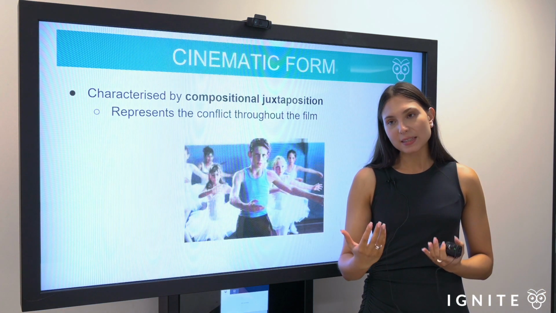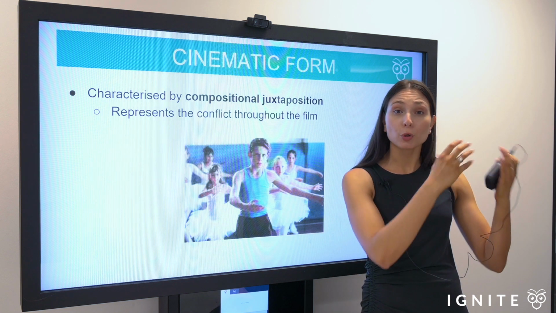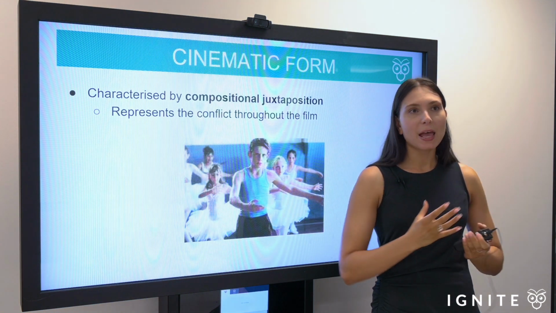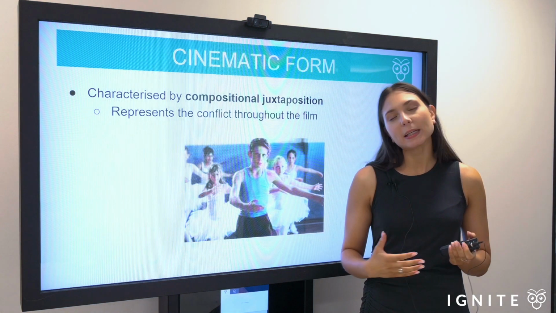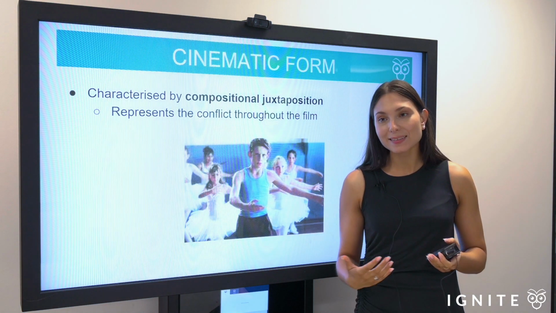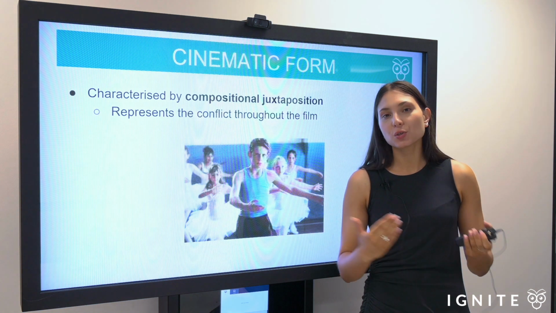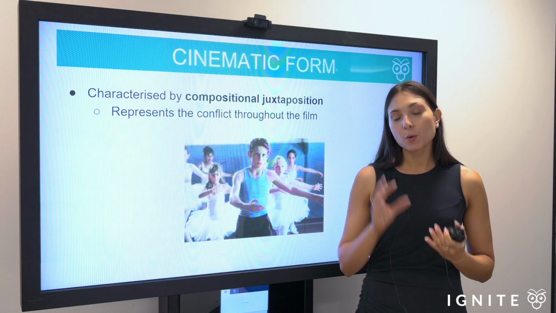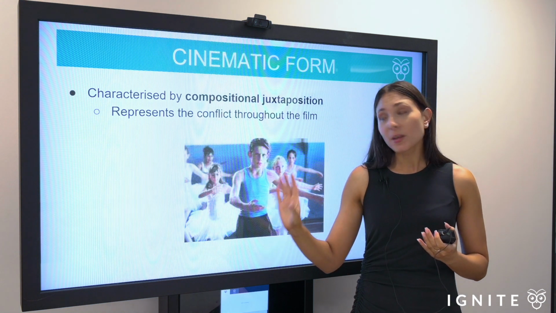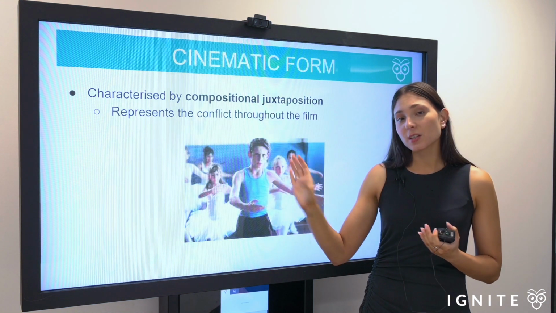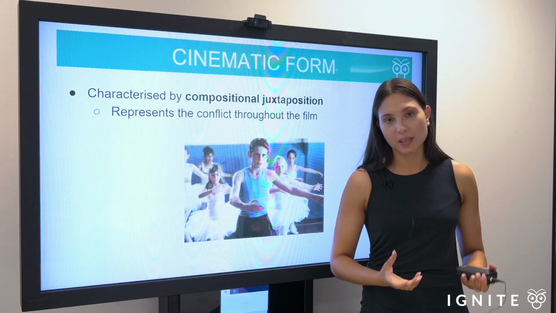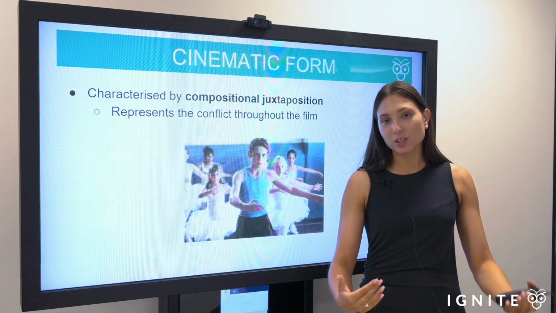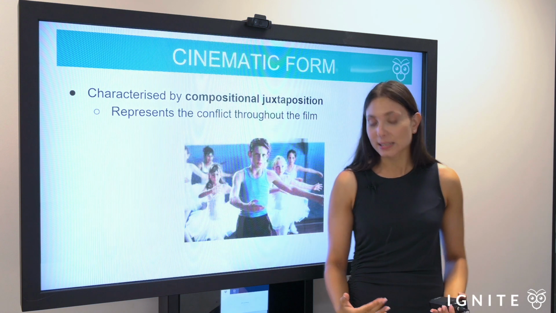And then we also have this tension of the political turmoil, which really characterizes the context and the backdrop of the film, and how Billy's childhood innocence and his flamboyant dance sits in opposition to the strife and the political turmoil of the time. So this is an example of how the form, the compositional juxtaposition, reflects the key values of the text, those being the tensions between Billy's desires and the limitations placed on him by his context.